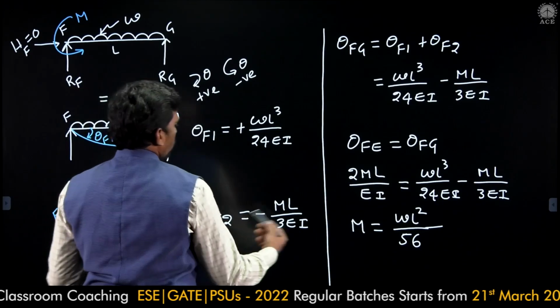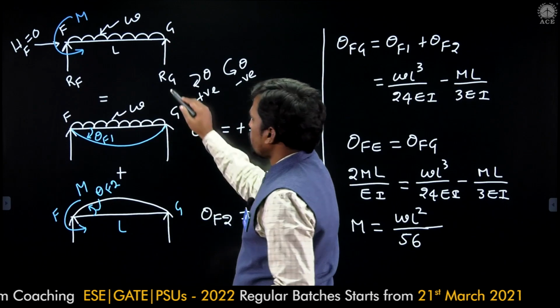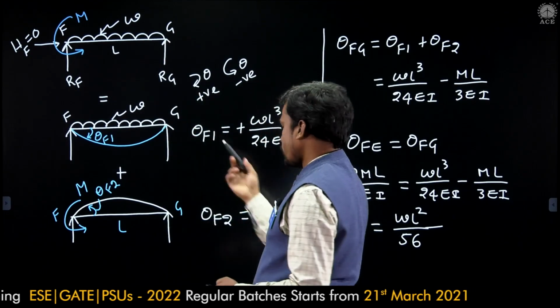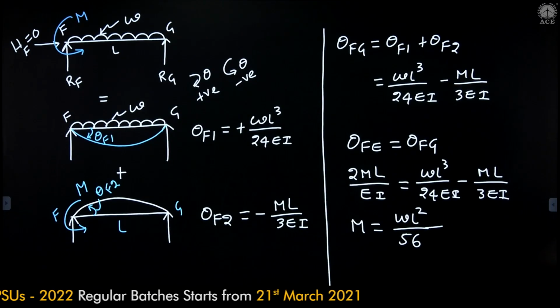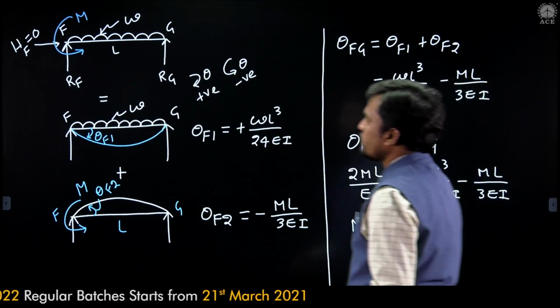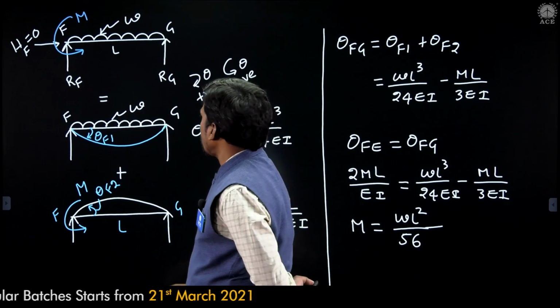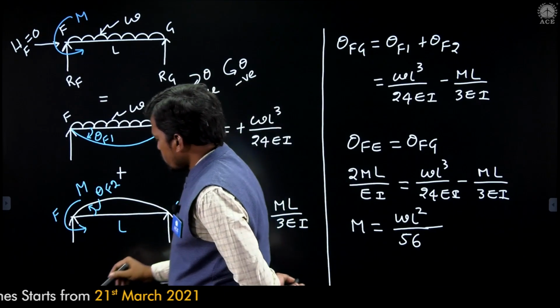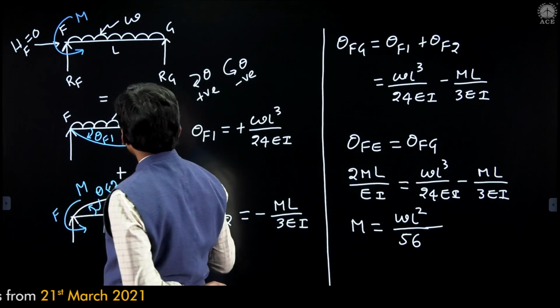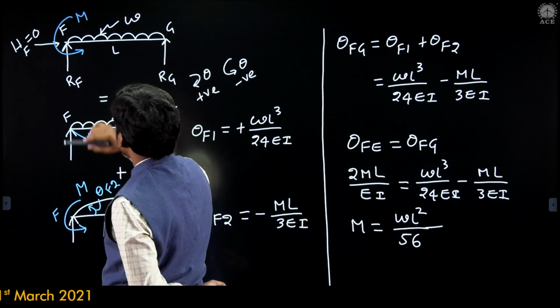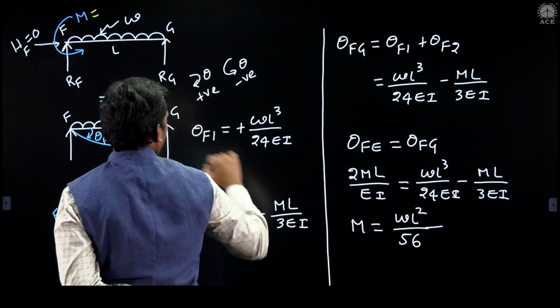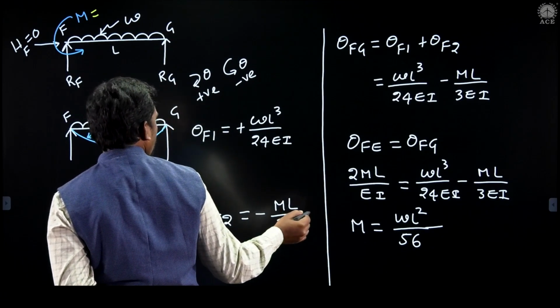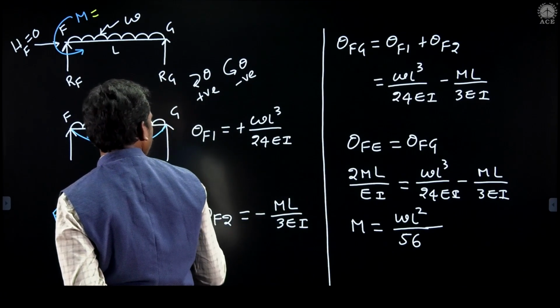Then after knowing the moment, how to find the reaction RG? First note this, please. Look here. We have to find RG, right? We got the moment value. What is the moment value we got? WL square by 56, right?